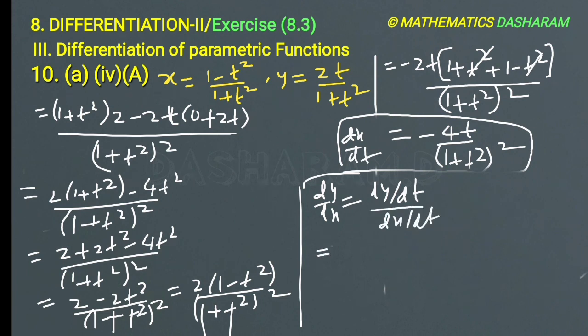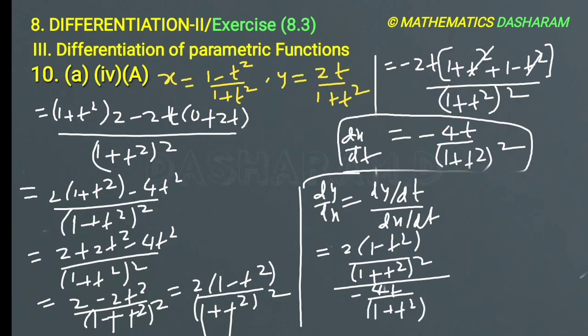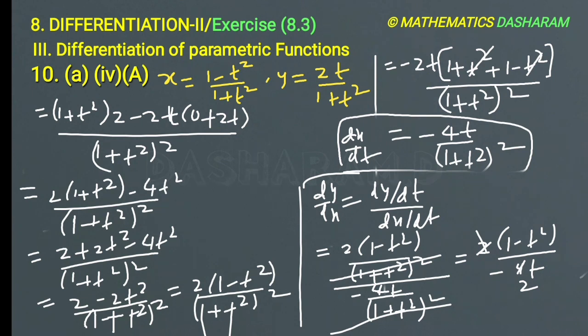So dy by dt value, yeah, just now we completed: 2 bracket of (1 minus t square) divided by (1 plus t square) whole square, and dx by dt here minus 4t divided by (1 plus t square) whole square. Here both are cancelled. It equals 2 bracket of (1 minus t square) by minus 4t. 2 ones are 2, 2 twos are.